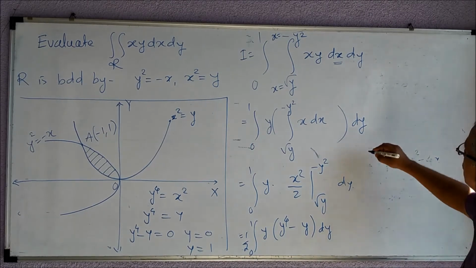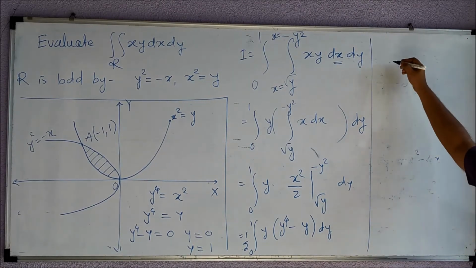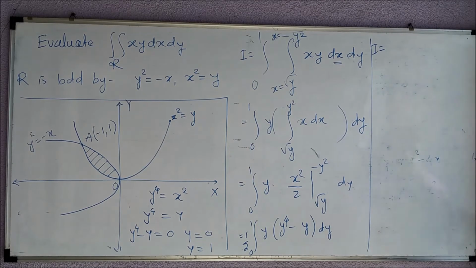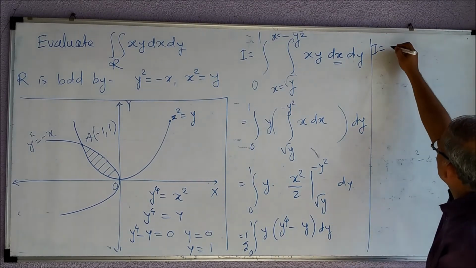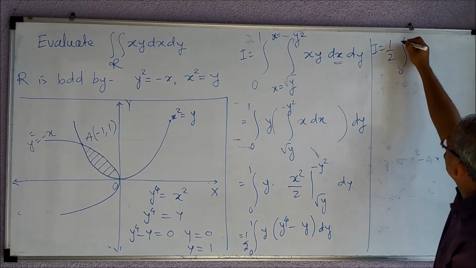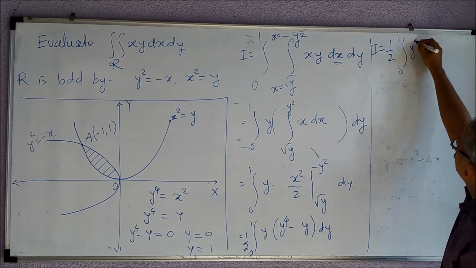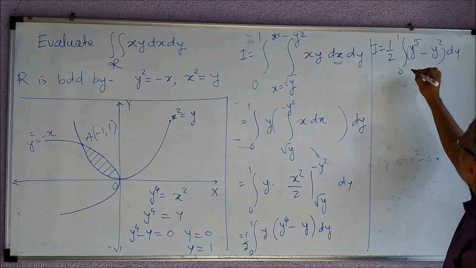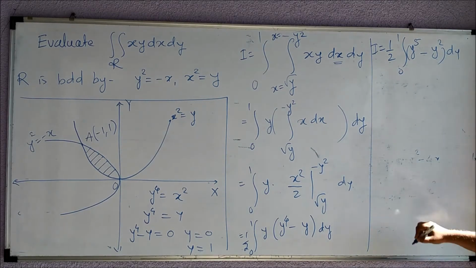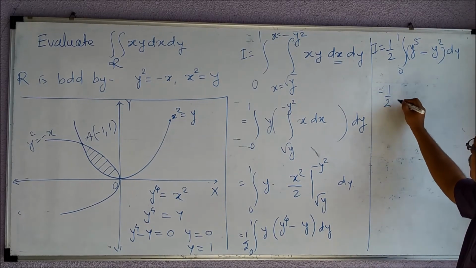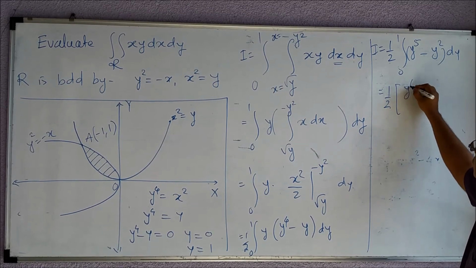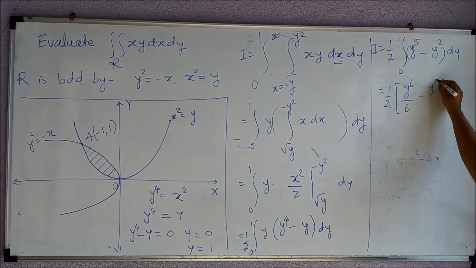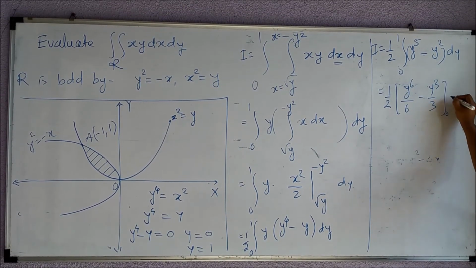Okay, so if we open this further, I is equal to half times integral 0 to 1 of y raised to 5 minus y square, dy. Okay, and therefore it is half into y raised to 6 by 6 minus y cube by 3 from 0 to 1.